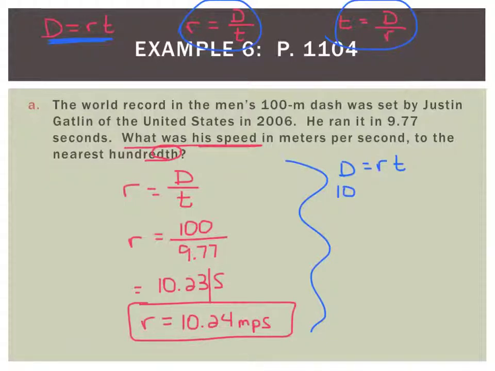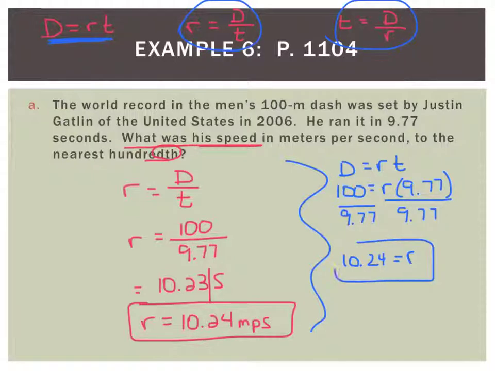The distance is 100. We're looking for the rate, and we're given the time 9.77. So then to find the rate, I would divide by 9.77 and get my 10.24 when I divided. So as long as you remember distance equals rate times time, you'll be able to solve these.